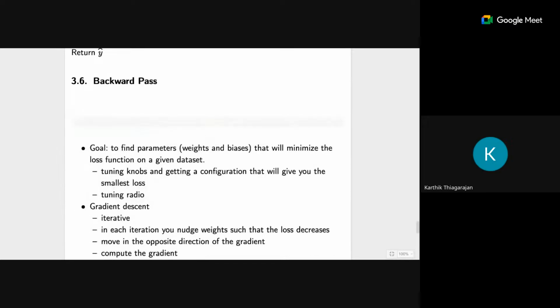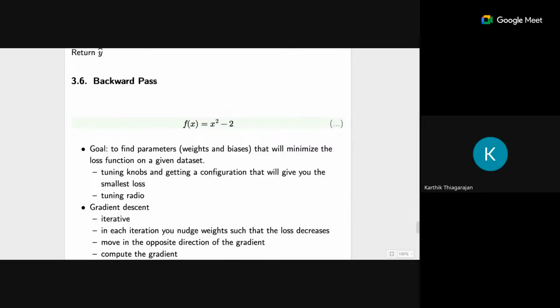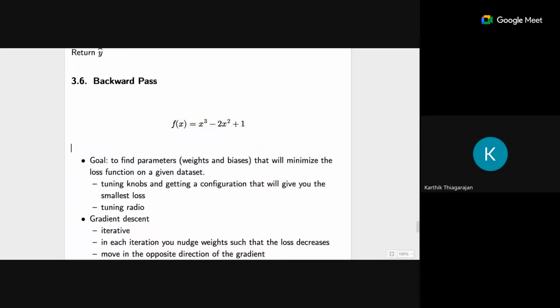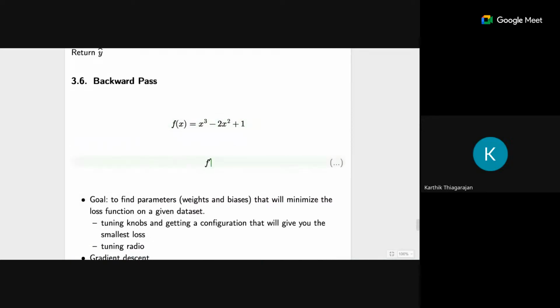Unconstrained problem. So if you have, say, f of x equal to x square minus 2, or say something like x cube minus 2x square plus 1, if you want to minimize f of x, what will you typically do? You'll do f prime of x equal to 0, right? And then you will try to find the solution. This is possible for simple functions like this, where a closed form solution exists, but in general it's hard.